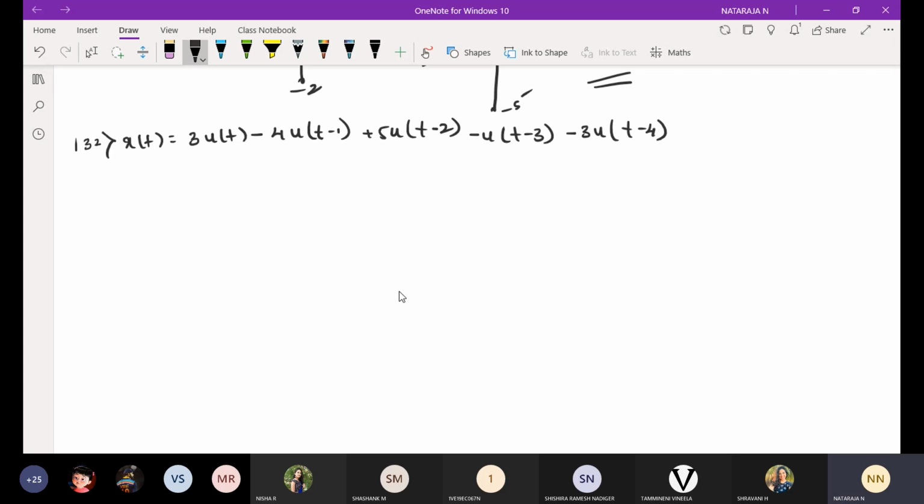Sketch the first derivative. If they give 3u of n, we will get all t replaced by n. Then in the next step, delta with respect to t replaced by n. This is the difference between discrete and continuous. Okay. Is it clear? Yes, sir.